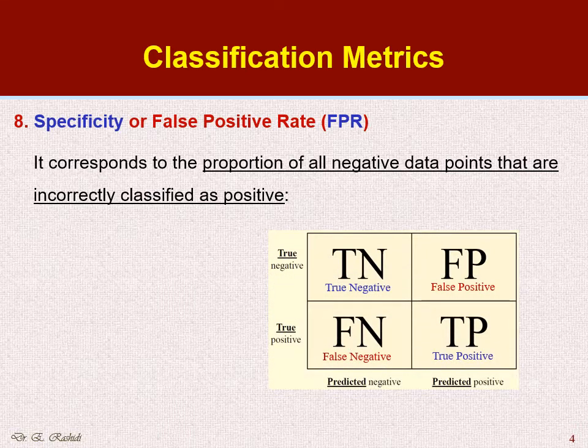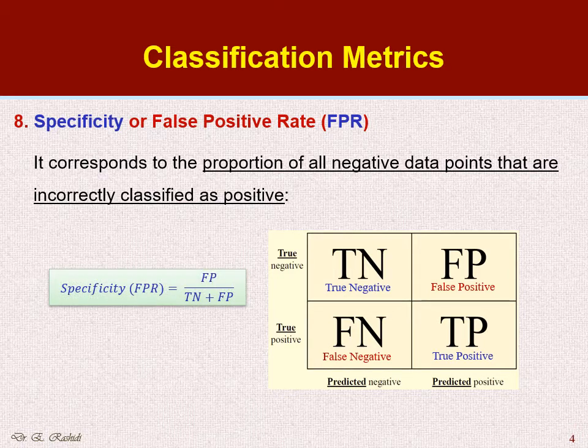As you see in the table here, the specificity formula is defined as false positive divided by true negative plus false positive. So that's how much of your true negative has been classified incorrectly as false positive. Specificity, you can see it as the recall of the negative class.